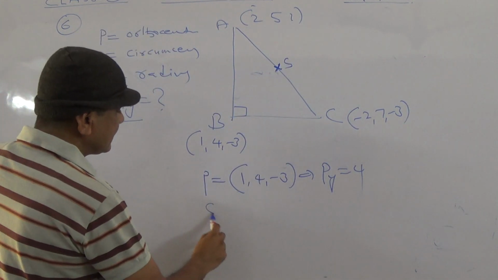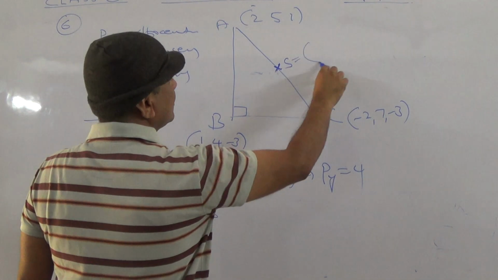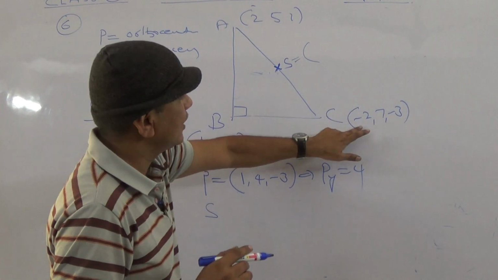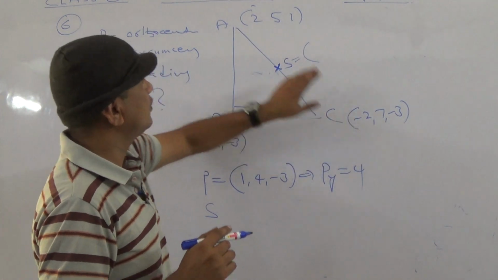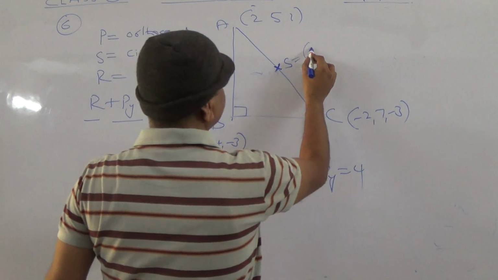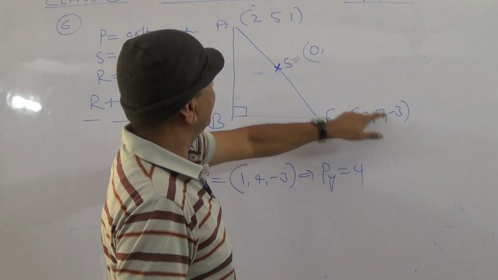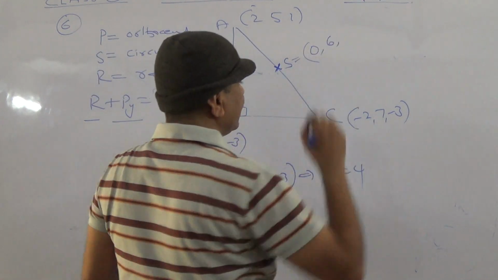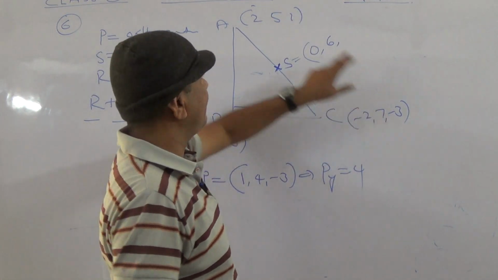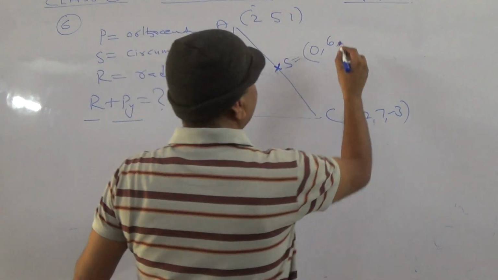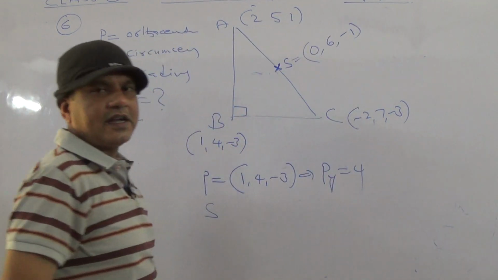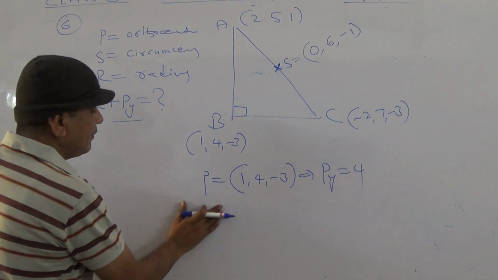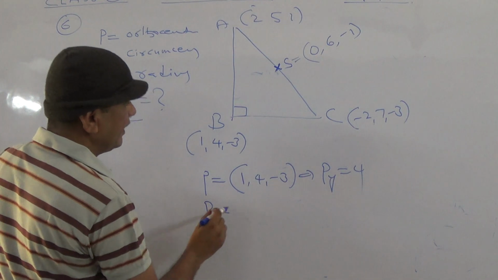S, the circumcenter of the triangle, is the midpoint of the hypotenuse: (x1 plus x2) by 2, (-2 plus 2) by 2 is 0. (y1 plus y2) by 2, (7 plus 5) is 12, by 2 is 6. (z1 plus z2) by 2, (-3 plus 1) is -2, by 2 is -1. So S is the circumcenter. Now R is the circumradius.